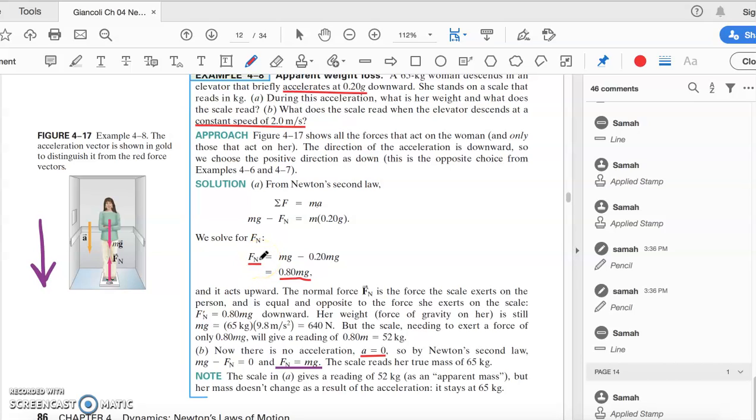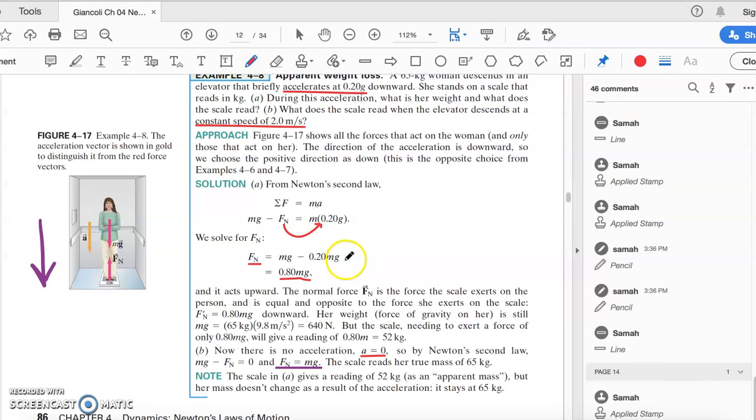So what is the value of Fn? From this equation, Fn is mg, we bring Fn to this place, and then the m times 0.2 g will go to the other side. This is math, it's up to you how you do it. So Fn is equal to mg minus 0.2 mg.